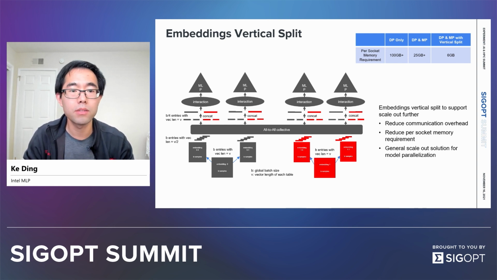While we scale out to 64 ranks using the solution just described, we only need about 6 gigabytes per instance. Therefore, the vertical split embedding optimization is also a general solution to train workloads with oversized embedding tables.